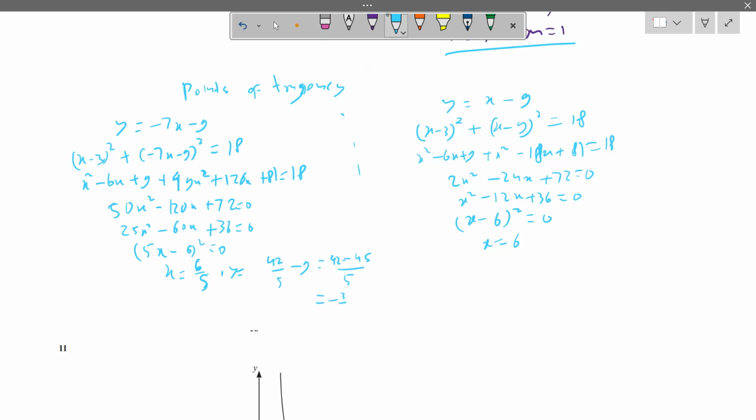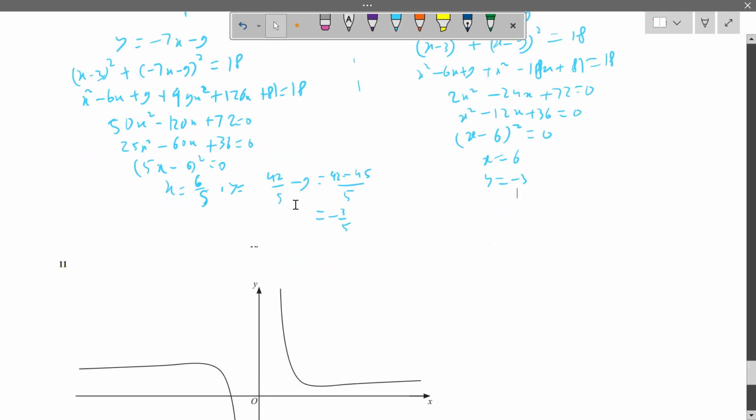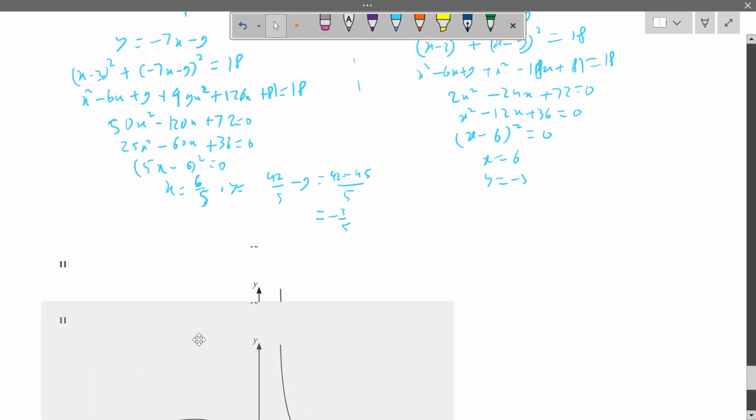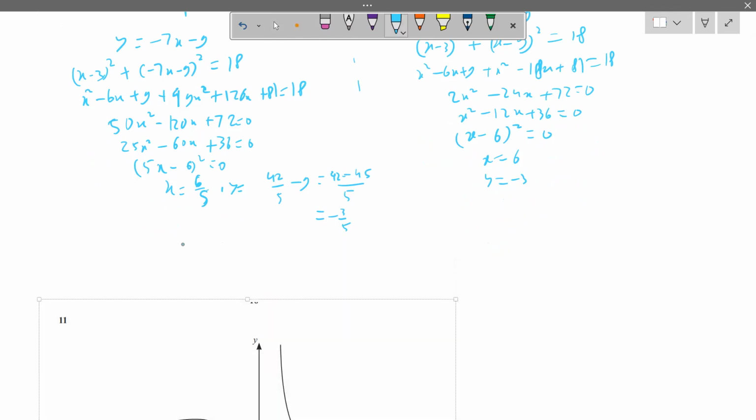For this one, y is equal to -3. So therefore, the points of tangency are 6 over 5, comma, -3 over 5. And then you have 6 over -3.